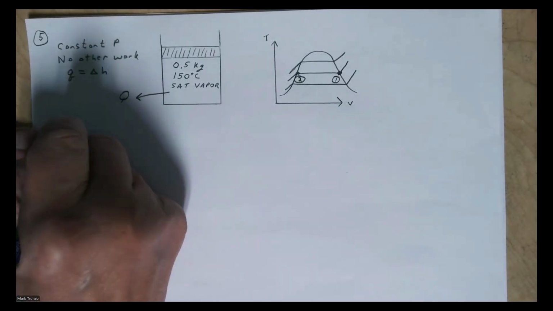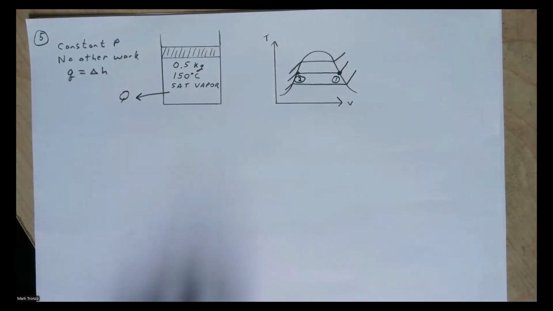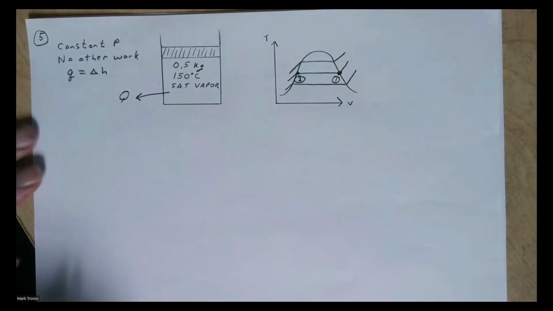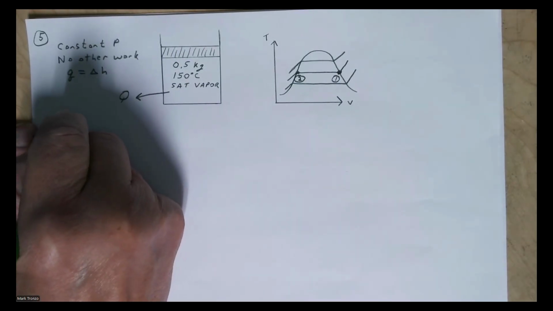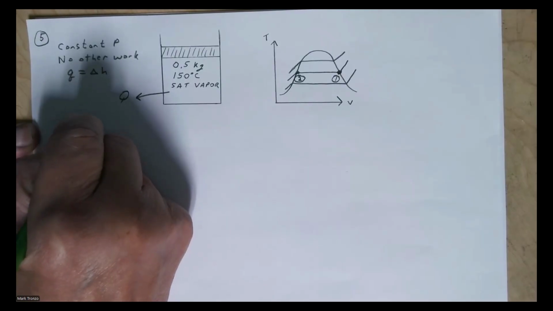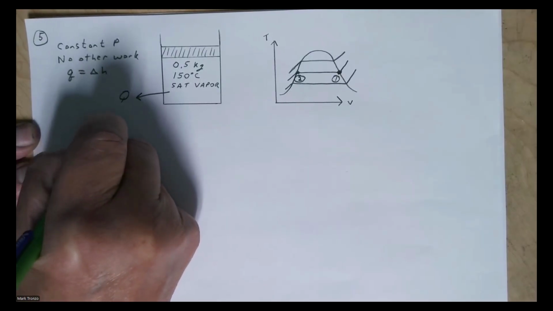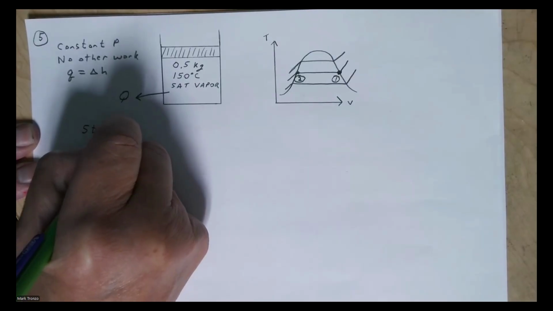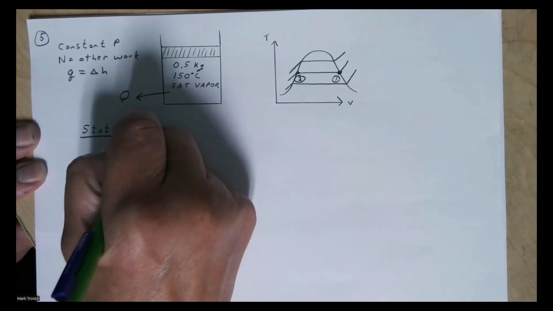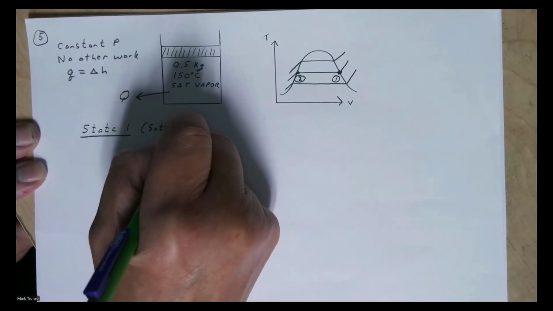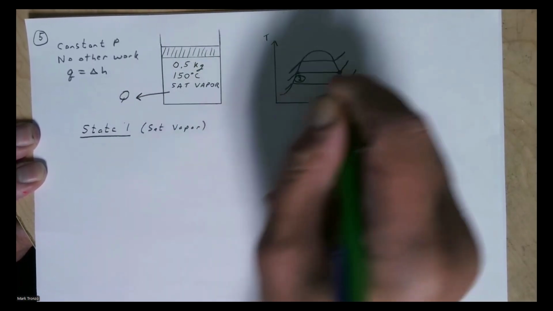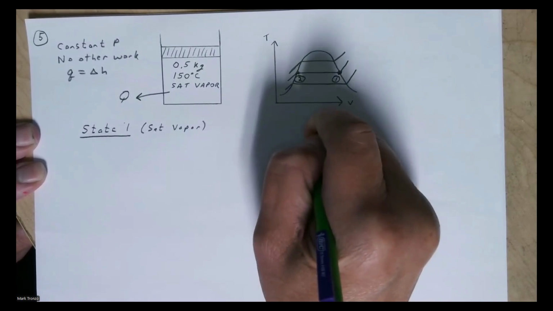Now we'll look at our two states. We have a saturated vapor to start with. Again, it's over here. Let me write this, say state one. And we know that state 2 is a saturated liquid.